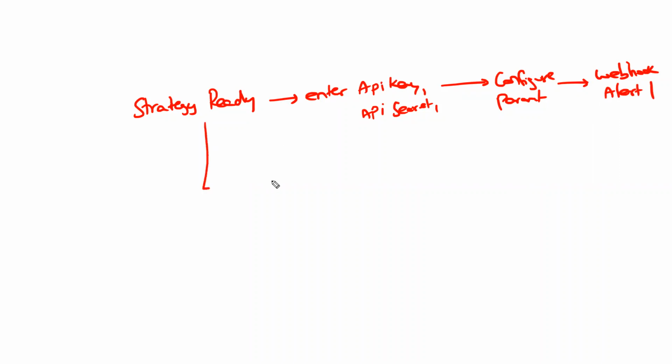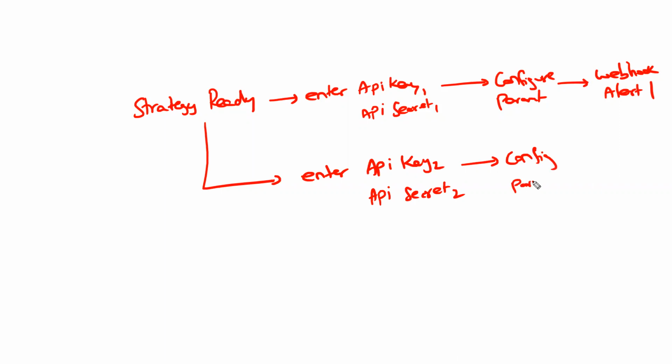Same strategy. Now change the API key to 2 and API secret to 2. Again, configure the parameters. Set the same parameters as such, and configure the webhook. One more alert you configure.